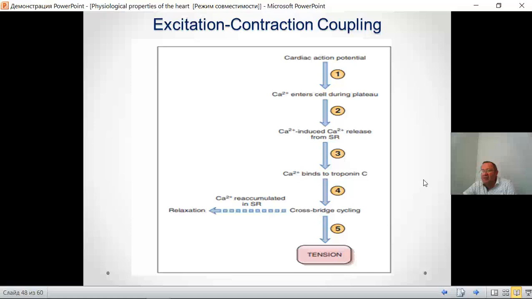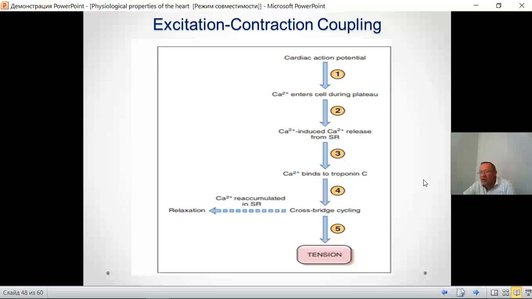These steps correlate with the circled numbers shown in the figure. Number 1: the cardiac action potential is initiated in the myocardial cell membrane as the depolarization spreads to the interior of the cell via the T-tubules.